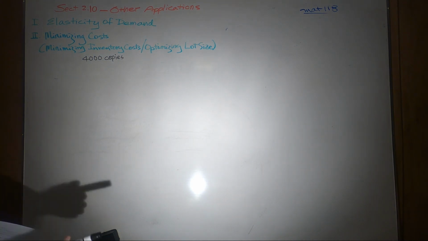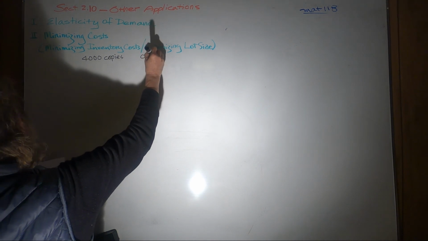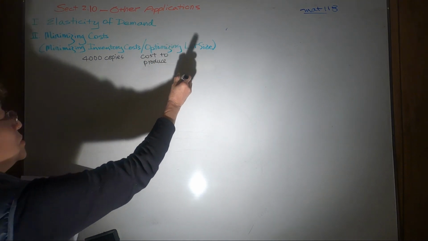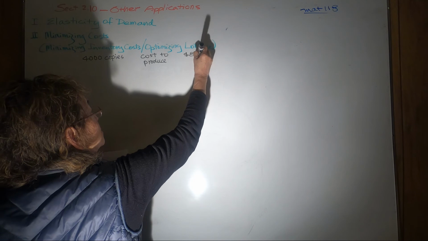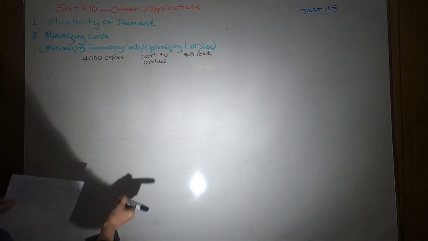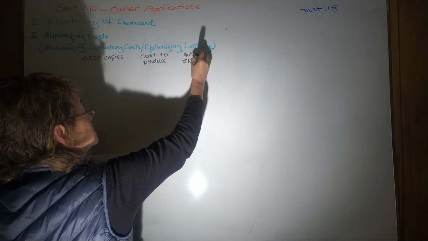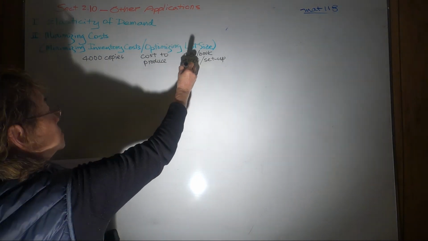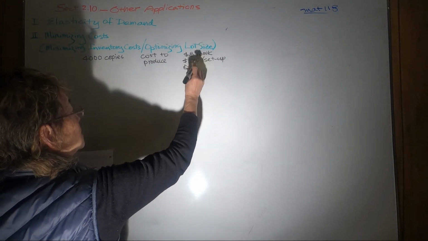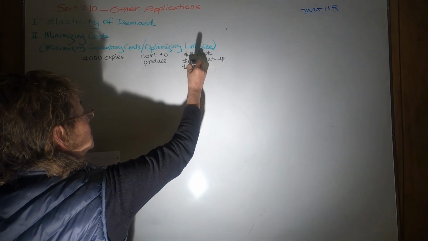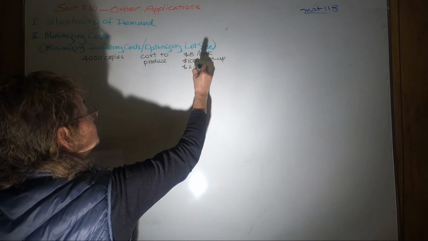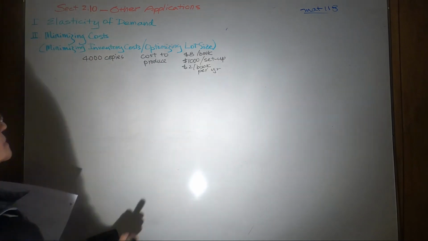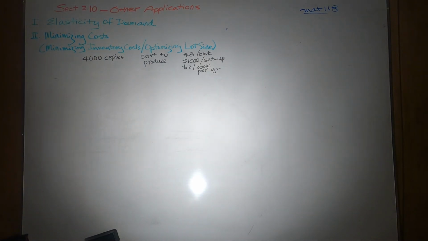Then your expense would be $8 per book, and $1,000 per setup, and the storage fee is $2 per book per year. So that would be your cost.